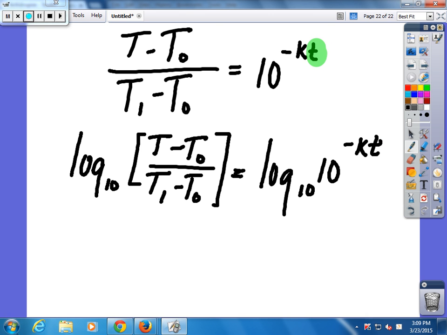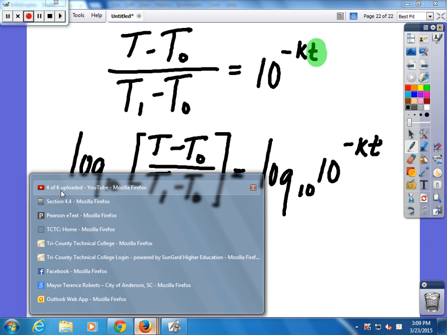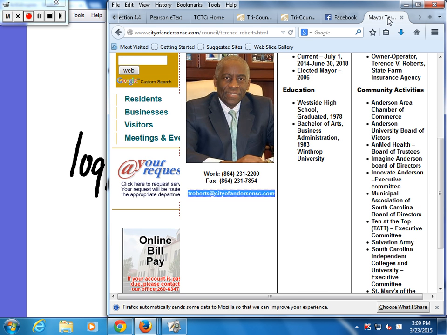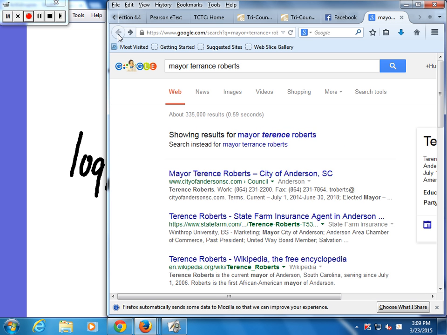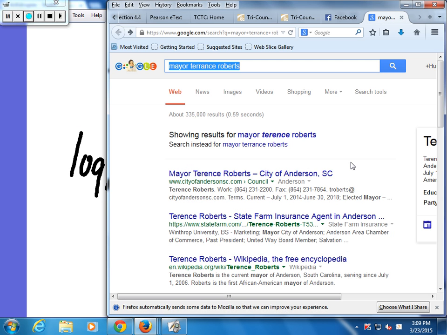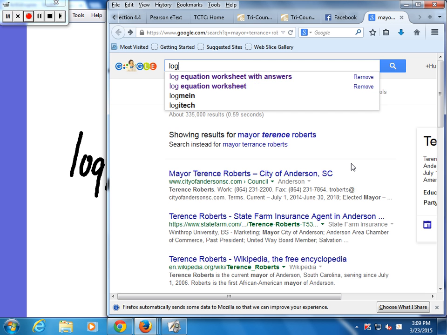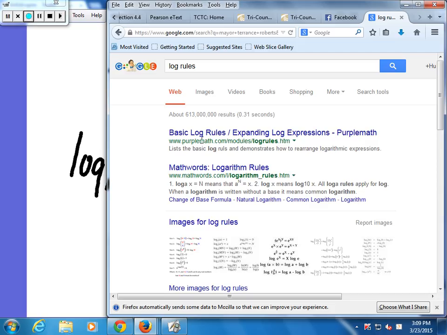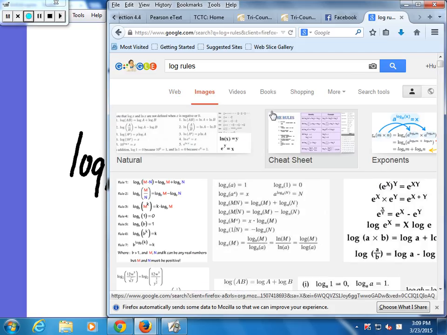Just to make sure, we'll go back and pull up our handy dandy sheets. Real easy to pull up. You just go to Google and pull up basic log rules.